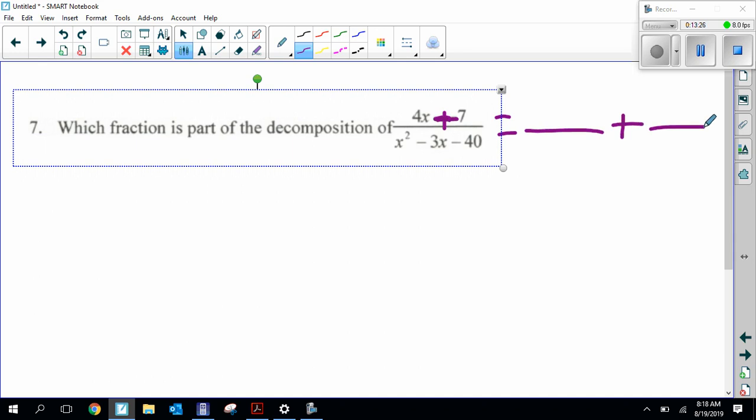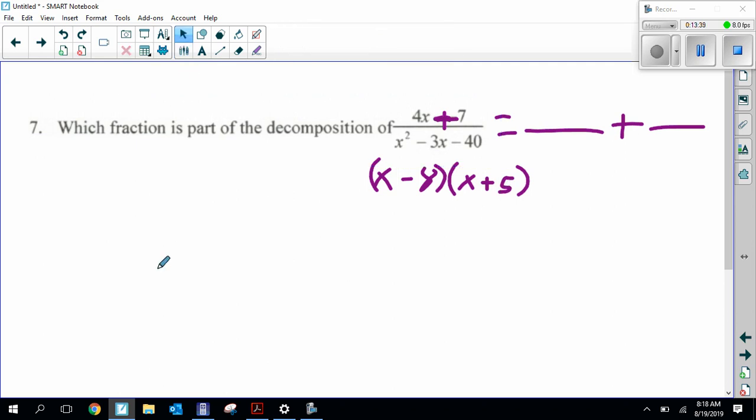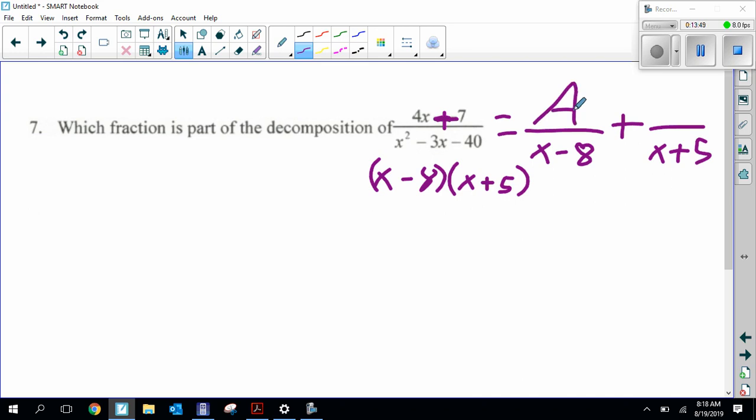And that is 8 and 5. So one of our denominators is x minus 8. The other one is x plus 5. You put an a on top. You put a b on top.